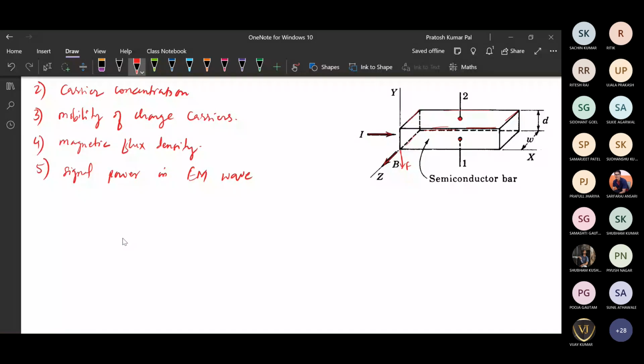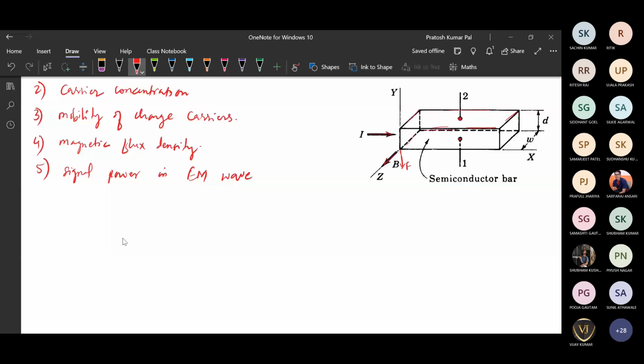So here, suppose this current that is flowing through this specimen is flowing from this side to this side, that means in positive X direction. That means if current is flowing from left to right, then this current would be because of the holes and electrons also.